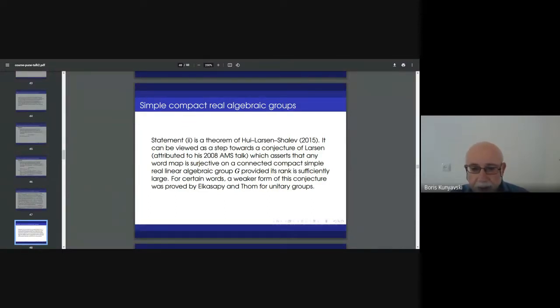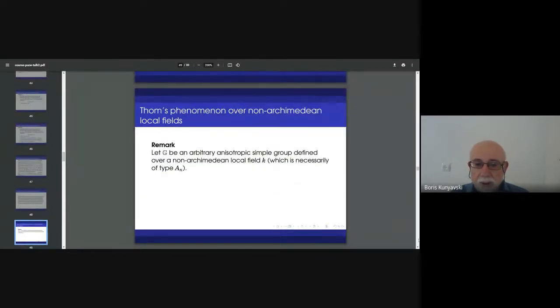So that's the situation for compact groups. It's much better, as I told you, and there are also several remarks to be made here. First of all, we can observe the same phenomenon over non-Archimedean local fields. Say, think about p-adics. If you consider anisotropic simple groups over p-adics, these are necessarily of type A_n.